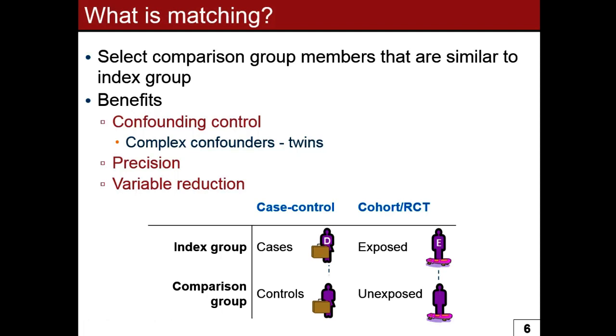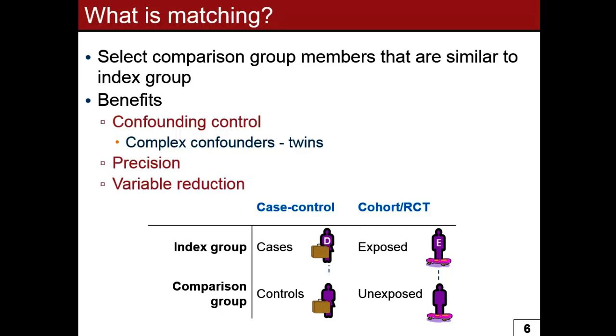That happens in a case control study, where you have cases and you go out and find controls that look a lot like them on the factors of interest. And in cohort or trial type designs, it's really the exposure: you're finding exposed and unexposed that look the same on the features of interest.